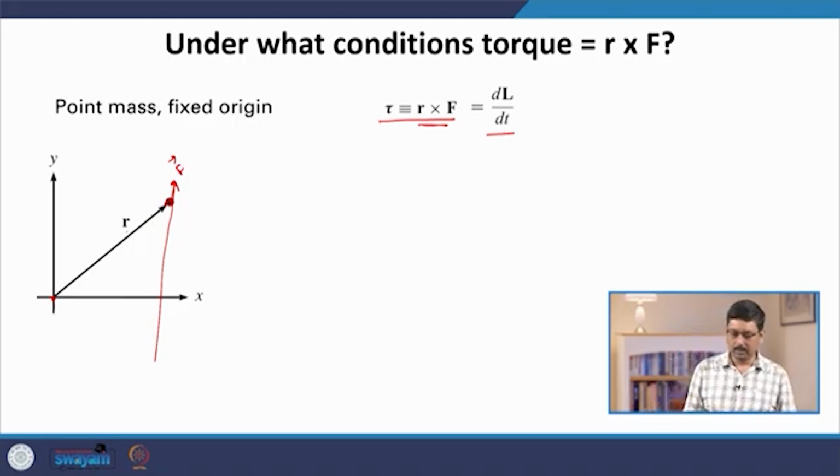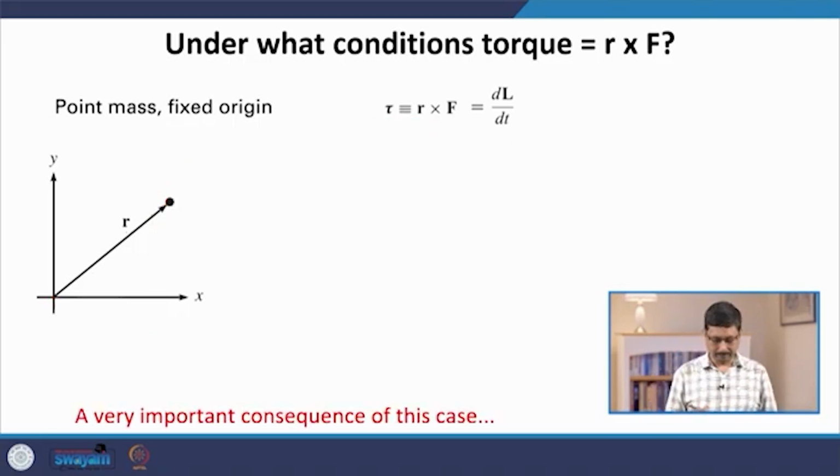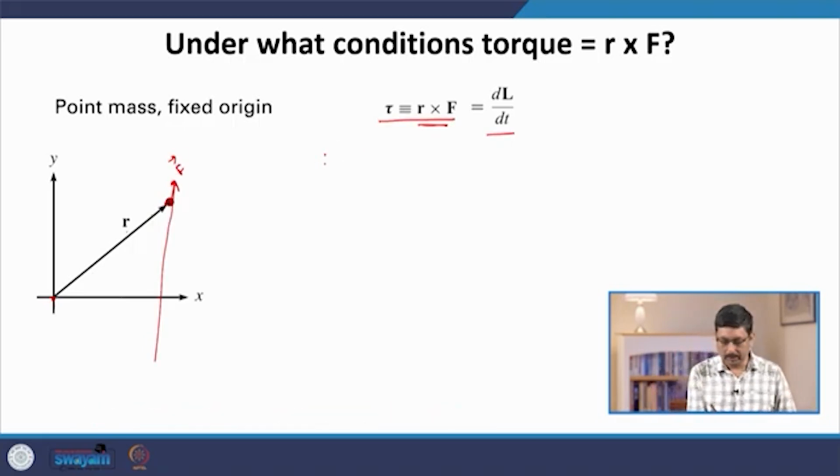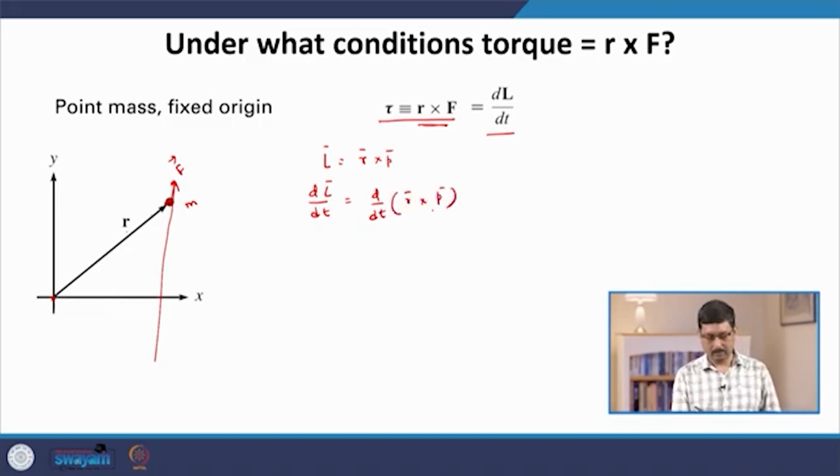So, let us work it out in some detail. Let us start with our definition that for a point mass, the angular momentum of this particle of mass m is given by L = r cross p. Then if we look at the rate of change of angular momentum, that will be the rate of change of this quantity.